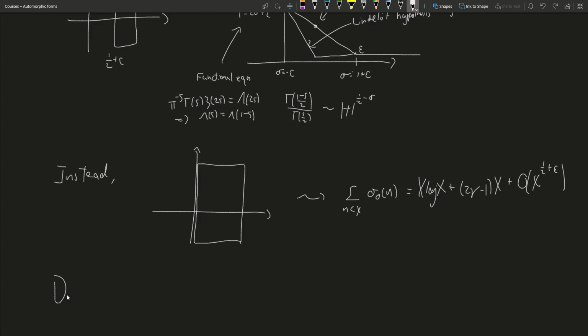The Dirichlet divisor problem is the question, what is the optimal error term for this estimate?